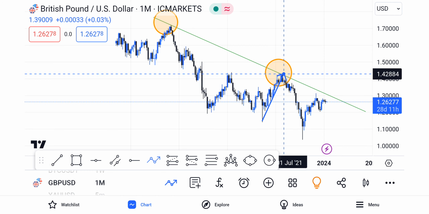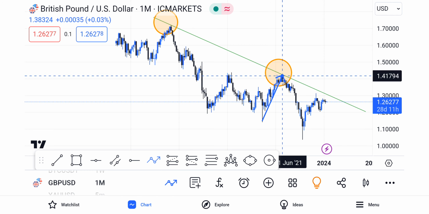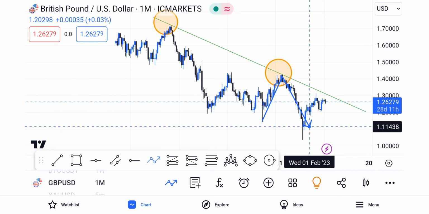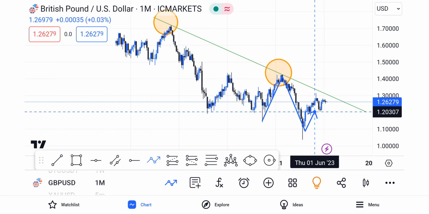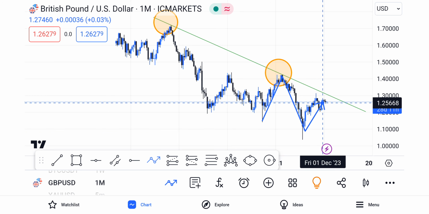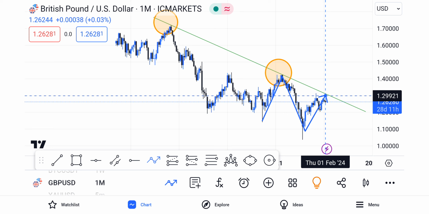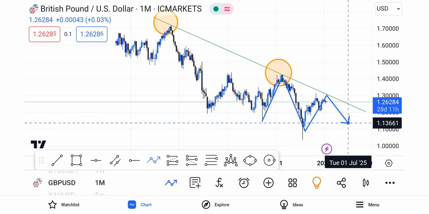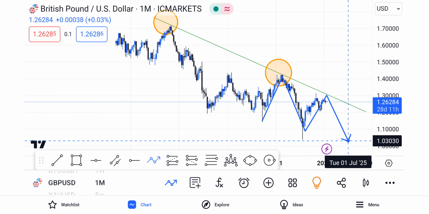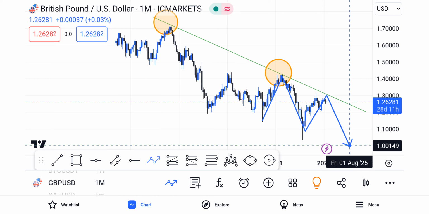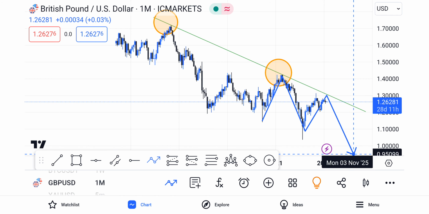So we see price come into that trend line, get resisted from there, pushed down again, and what we are expecting at the moment is to see price come into this trend line and get resisted again from here to continue having a down move, creating another low.